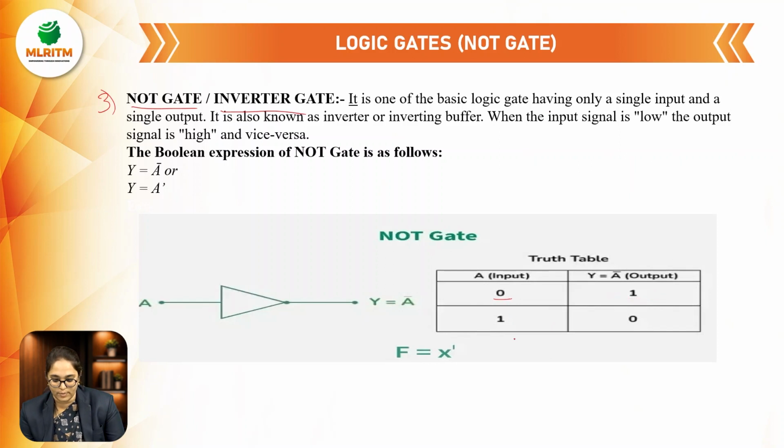If the input value is 1, the output value will become 0. This is the input and this is your output. This operation is called an inversion operation.